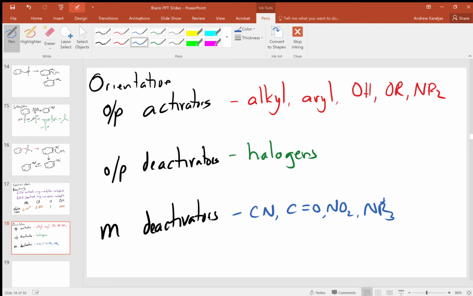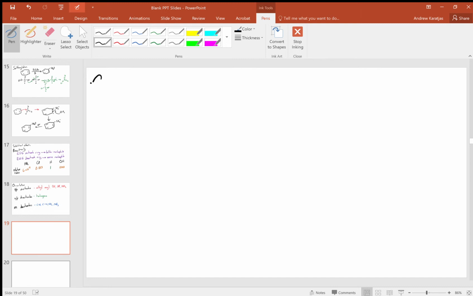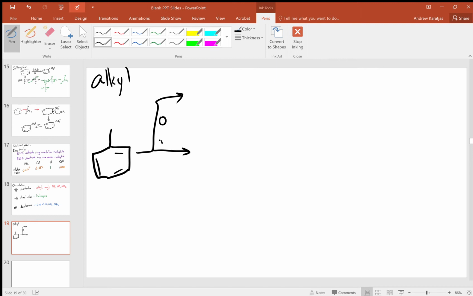So let's start by looking at an alkyl group. So I'll do this with a methyl just for simplicity, but this could literally be any alkyl group we wanted. And we're going to look at the sigma complex for the ortho substitution, meta, and para. So if we substitute ortho, substituent here, and note, it doesn't really matter what the reaction is.